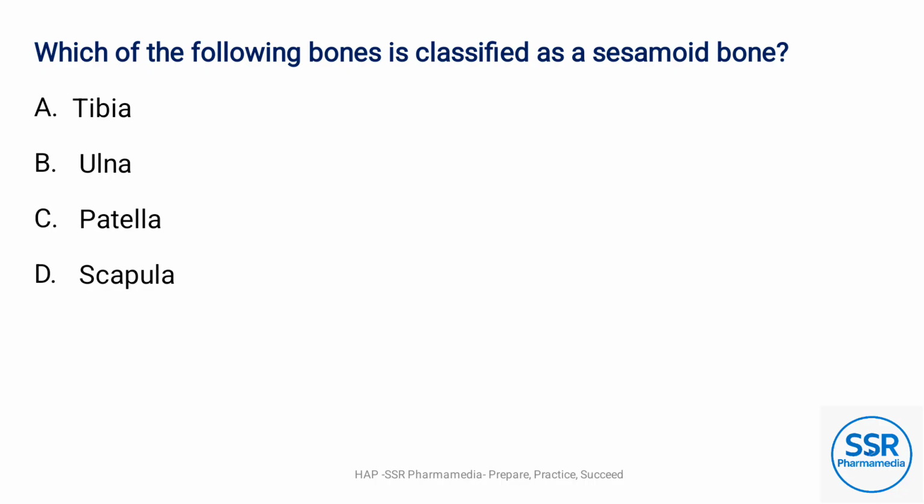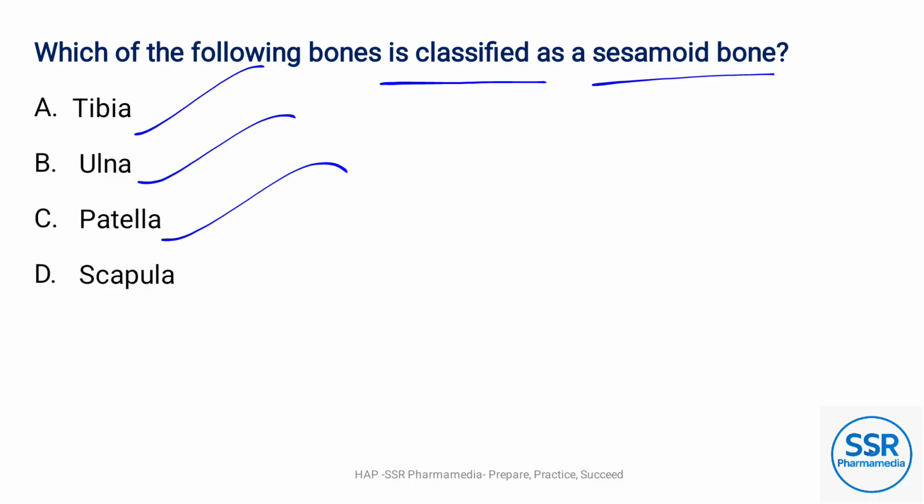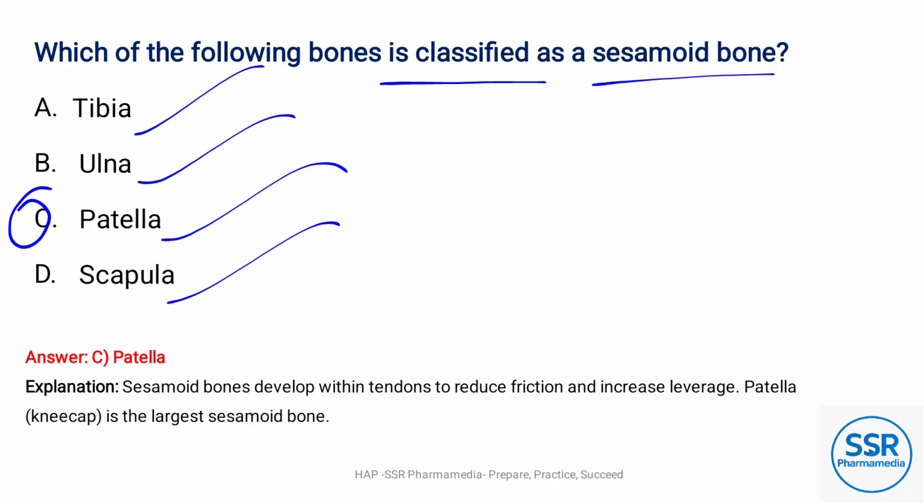Which of the following bones is classified as a sesamoid bone? Option A, tibia. Option B, ulna. Option C, patella. Option D, scapula. The answer is option C, patella. Sesamoid bones develop within tendons to reduce friction and increase leverage.